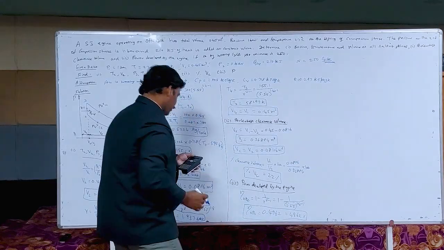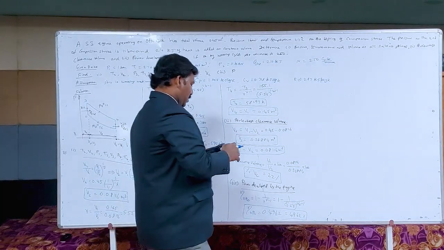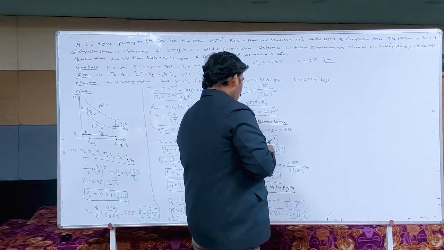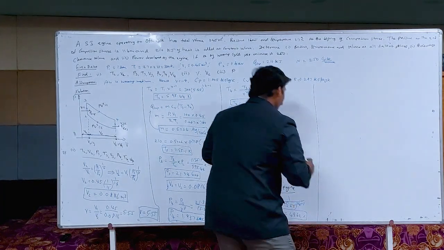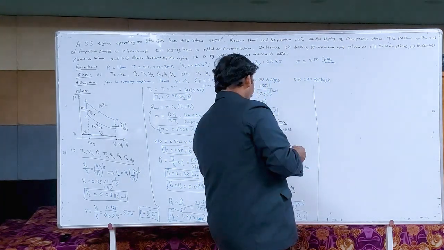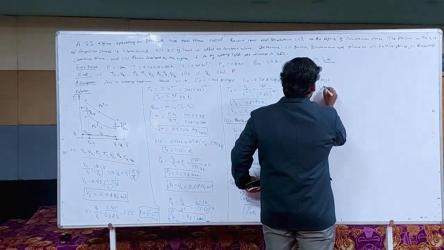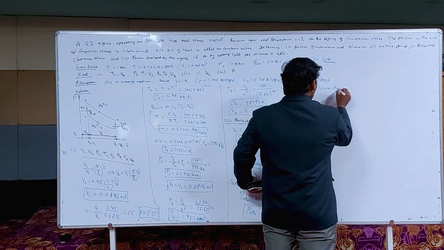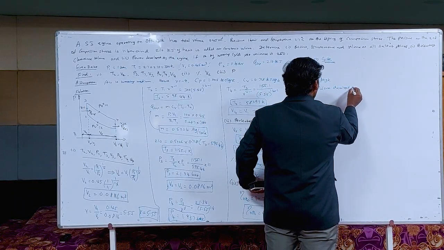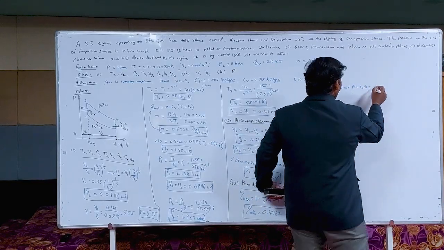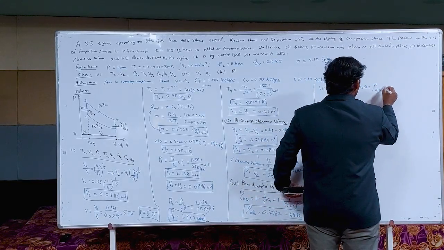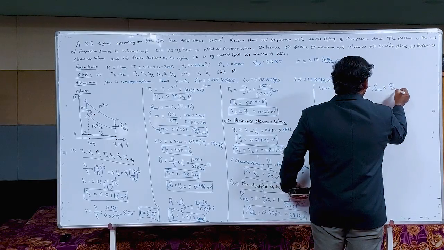And now we have to find out the work developed. Work produced or developed per cycle is equal to efficiency of the Otto cycle into heat supplied.